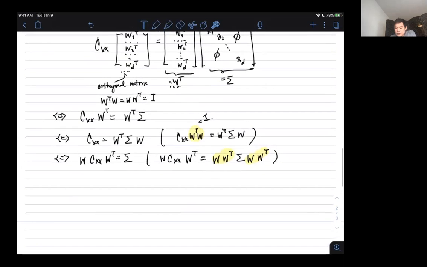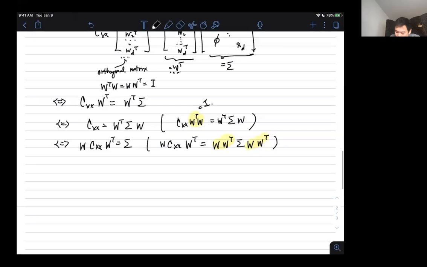And then what we see here is that we have this scaled covariance, the C_XX, and by multiplying the left side and the right side by W, that is the eigenmatrix, and its transpose, we were able to turn this scaled covariance into a diagonal covariance, where the diagonal terms correspond to the eigenvalues.